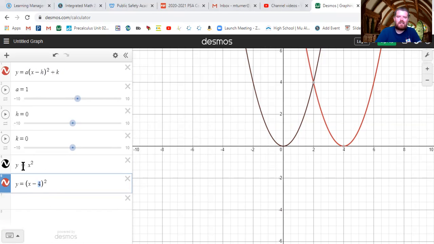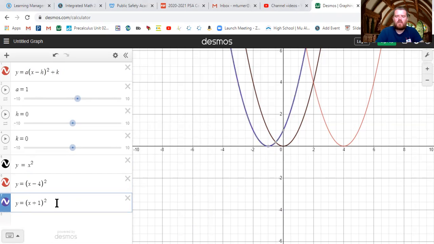I'm subtracting a positive 4. So having a minus there is going to move it to the right, and putting a positive there is going to move it to the left. So just be careful with that. Students often get those two mixed up. So a minus will move it to the right, and a positive will move it to the left.